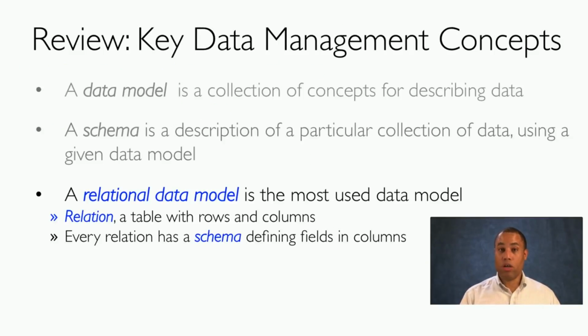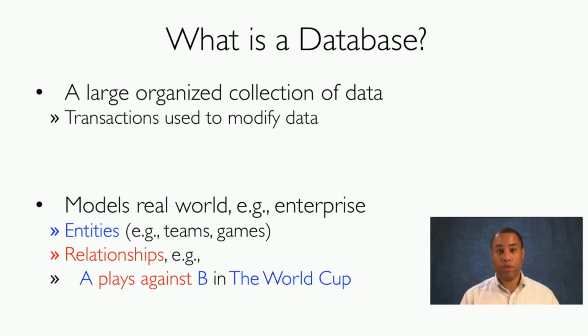Now we can add to our key data management concepts a third concept, which is a relational data model. And this is the most used data model. A relation is a table with rows and columns, and every relation has a schema that defines the fields in the columns. A database is a large organized collection of data, and transactions are used to modify that data.